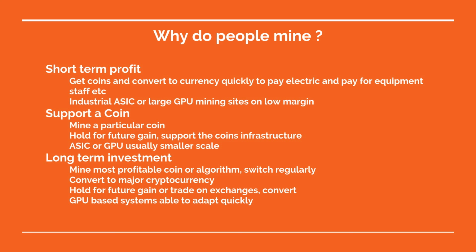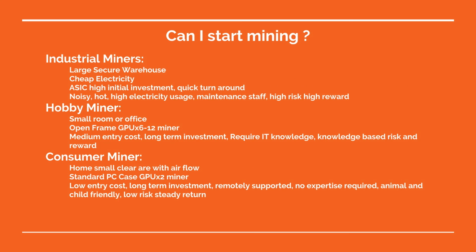Or they want to use that coin to trade it into other coins and try to get better coins or other coins they do want to hold. So basically they're converting one coin into another for investment purposes and/or trading. This type of mining is generally done by GPUs because they can switch algorithms very quickly and adapt to the changing environment without reinvesting money into the system.